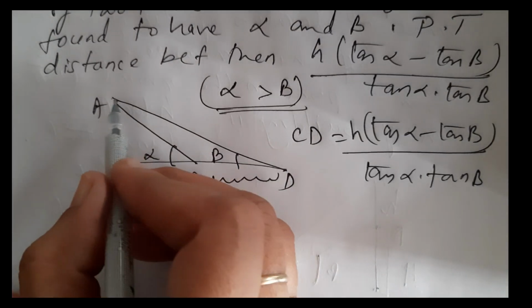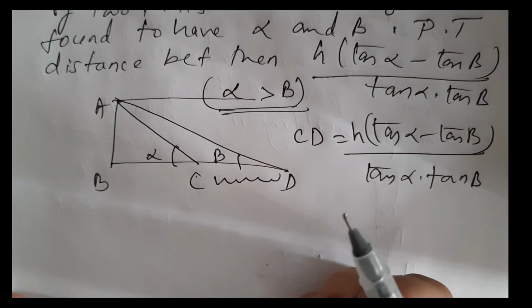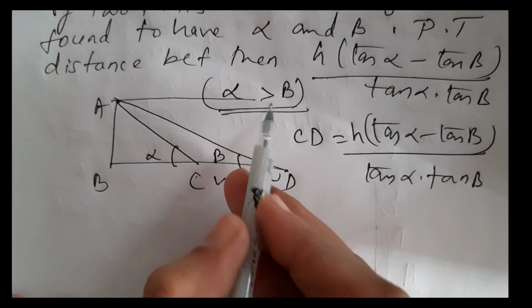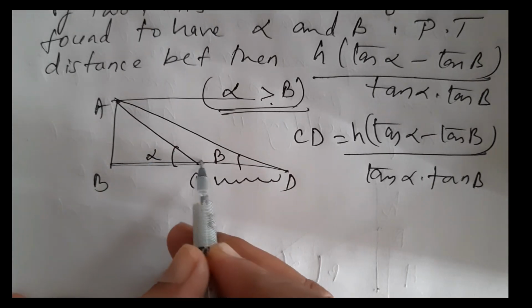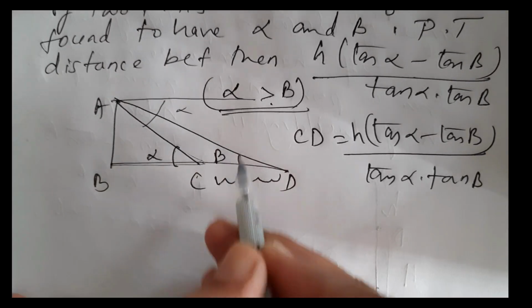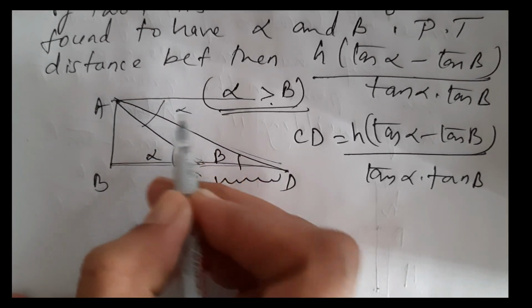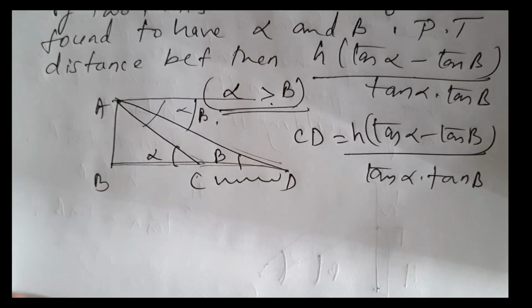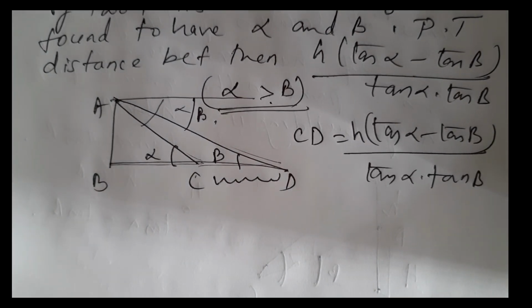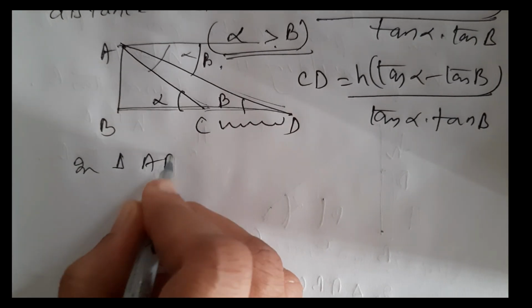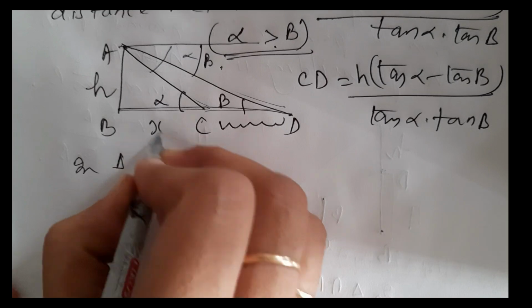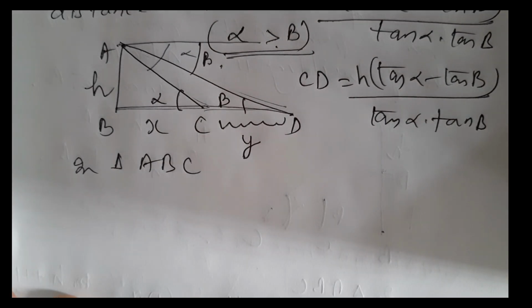As depression is given, whenever the word depression is there in the question, make one parallel line and complete this angle as the alternate angle. So here it is alpha, so this whole will be alpha and the smaller one is beta. So let this part be beta. Let's start with the solution here. In triangle ABC, we'll consider some letters. Let this be x and y so that we can solve easily.